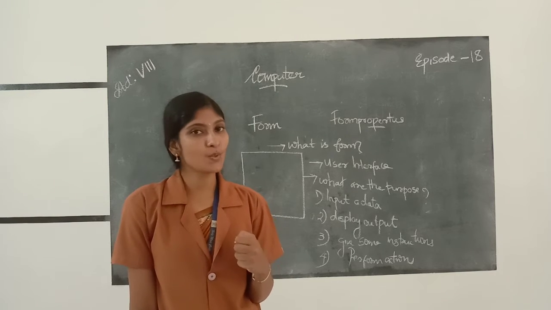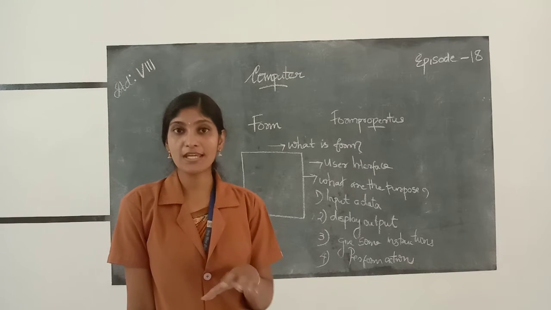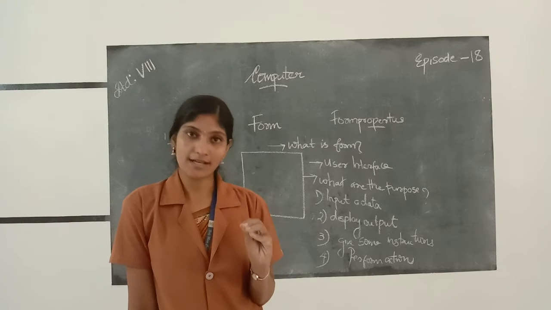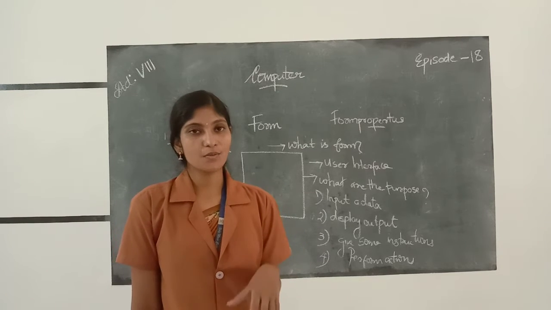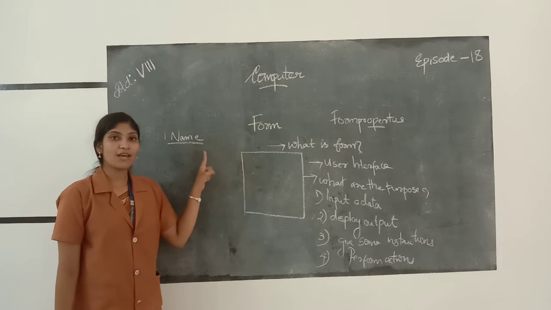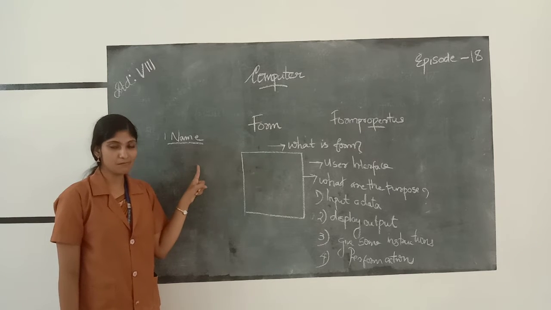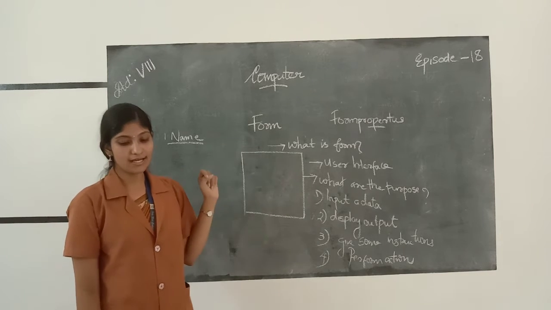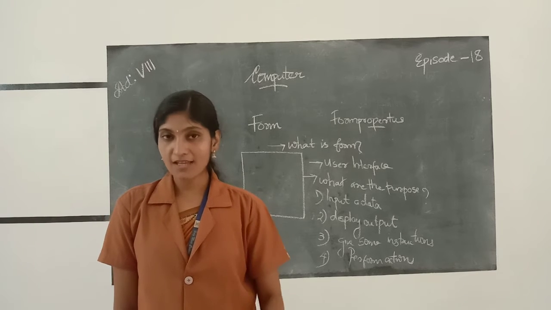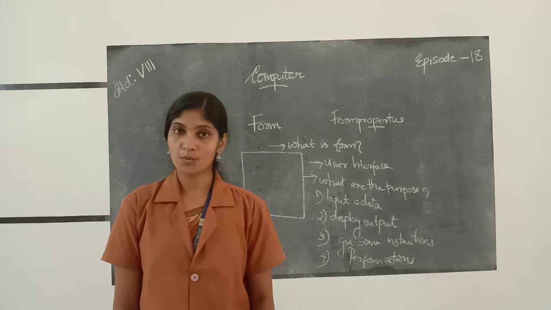Then what is its use? Name is the term which is used for the control. It defines a name for a control. Similar to that, here name is the property which defines a name for that particular shape. So here it defines the name for the shape by which it will be referred by the code you write.